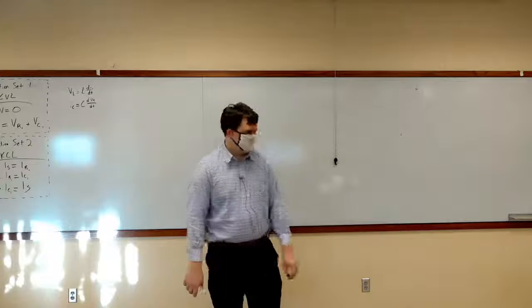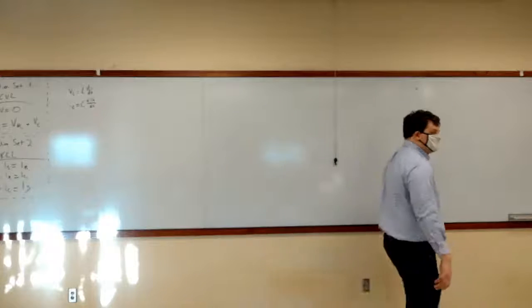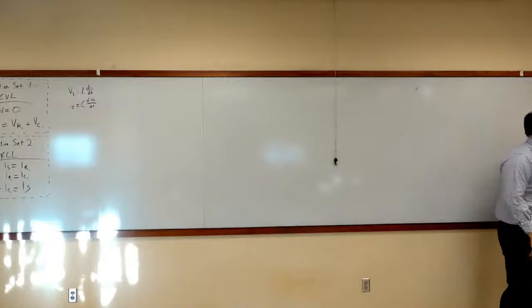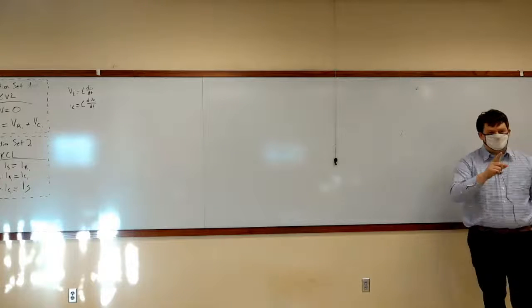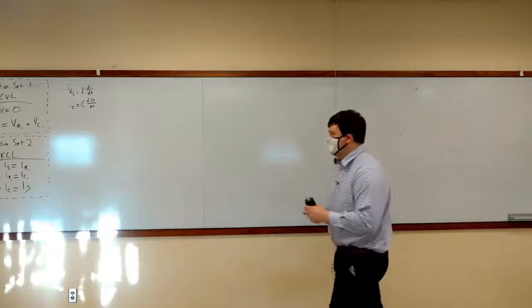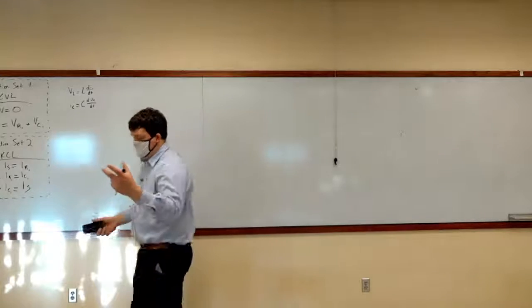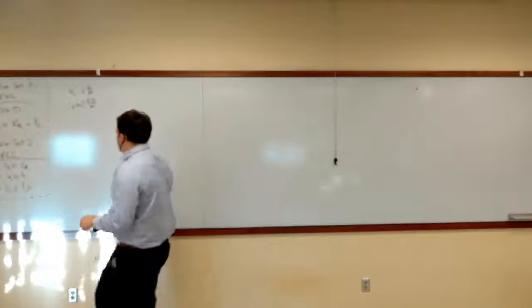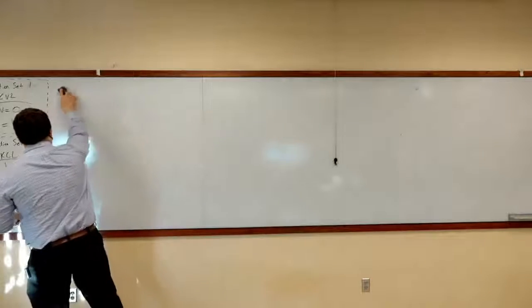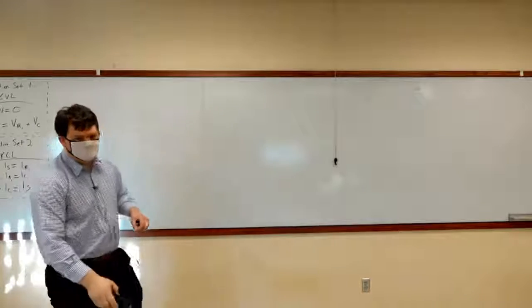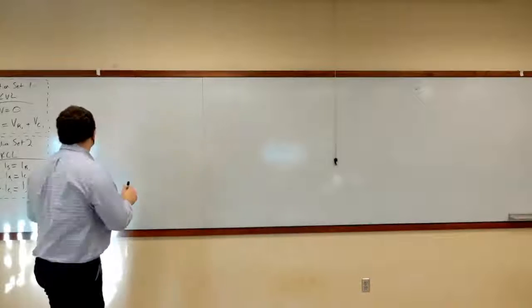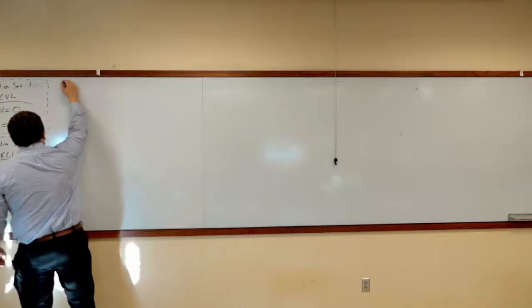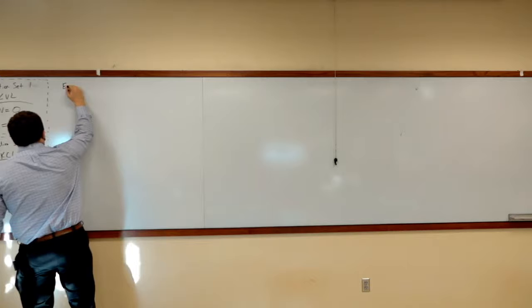That is a capacitor equation, but it's an equation that has voltage and current in it. You guys knew it before you came to class. V equals IR. So, equation set 3.